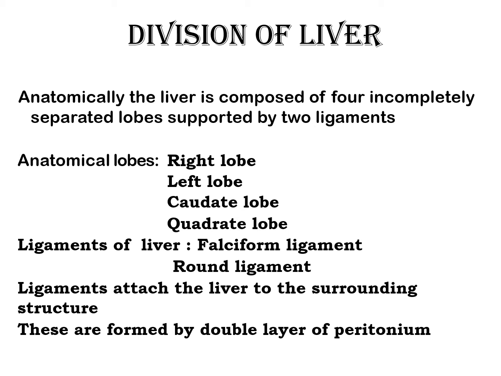These ligaments are formed by a double layer of peritoneum. The round ligament is also called ligamentum teres hepatis. They are formed by the peritoneum and attach the liver to the visceral organs.